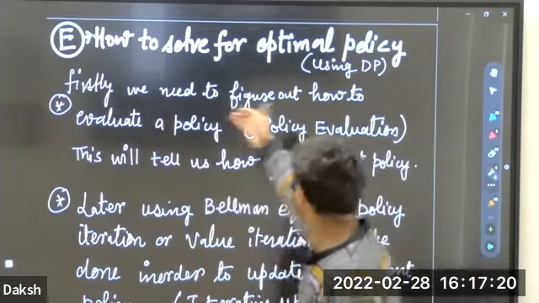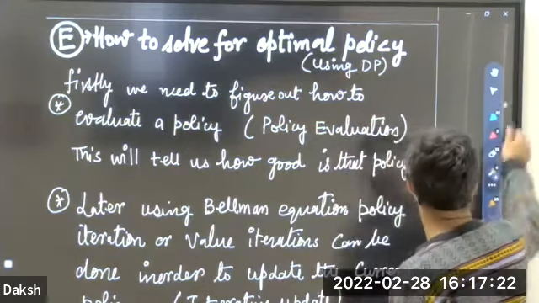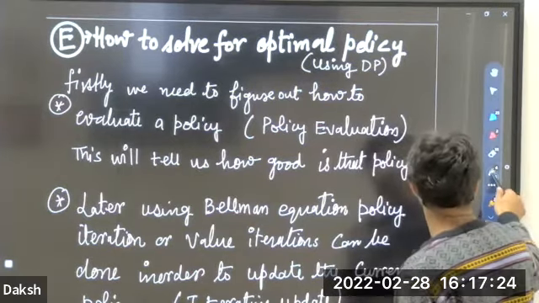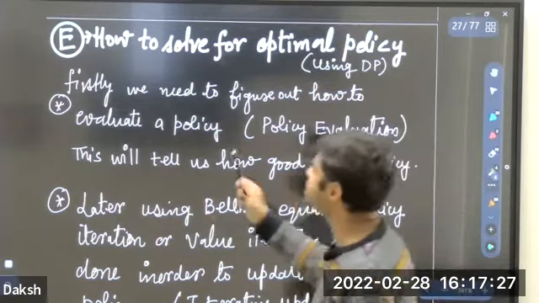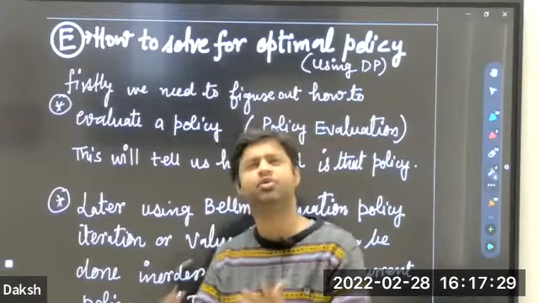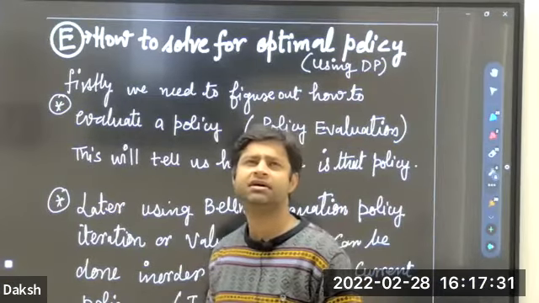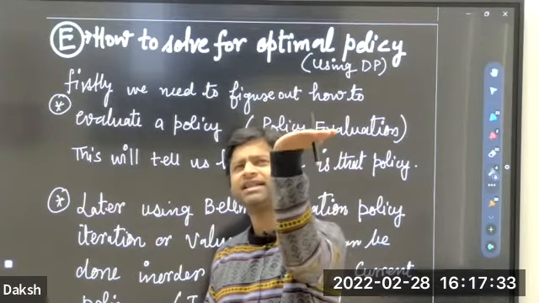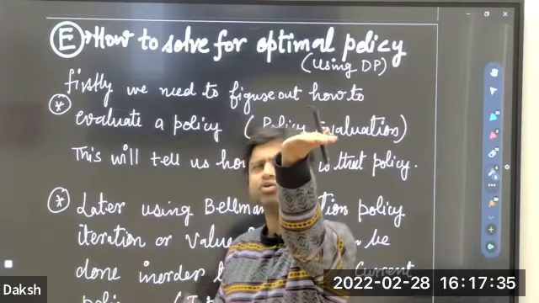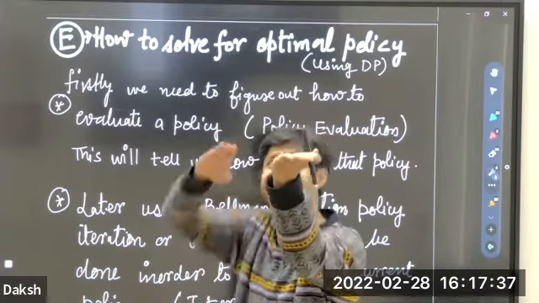So first we need to figure out how to evaluate a policy. Because if I give you a policy, how can you say whether this policy is good or bad? You need to understand how to evaluate it so that I can improve.